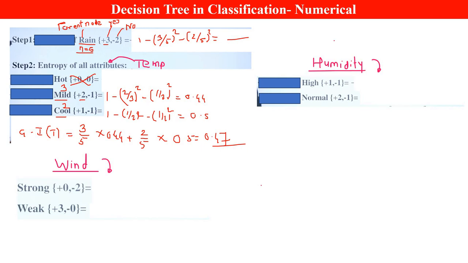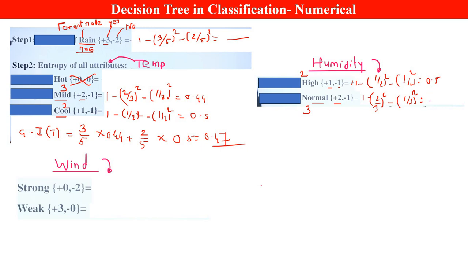Then for humidity, the high is coming 2 times and normal is coming 3 times. High has one yes and one no. So 1 minus (1 by 2) square minus (1 by 2) square. So this comes out to be 0.5. Then in normal, 2 yes. So 1 minus (2 by 3) square minus (1 by 3) square.